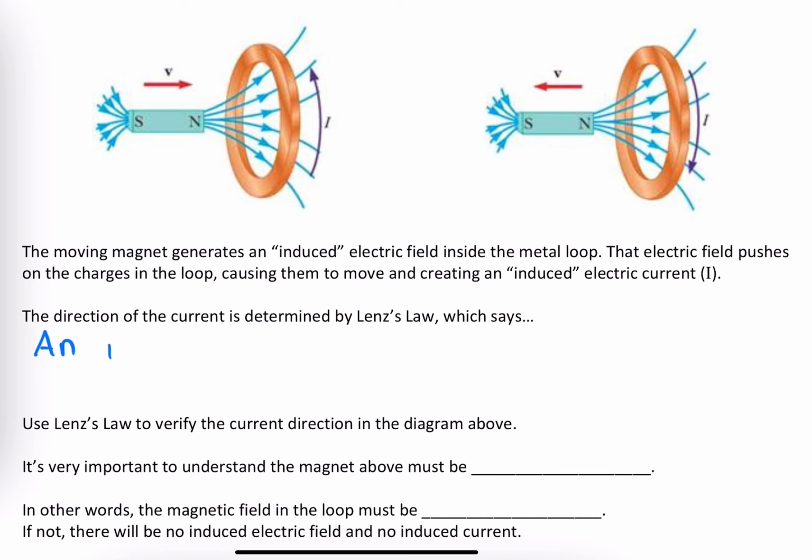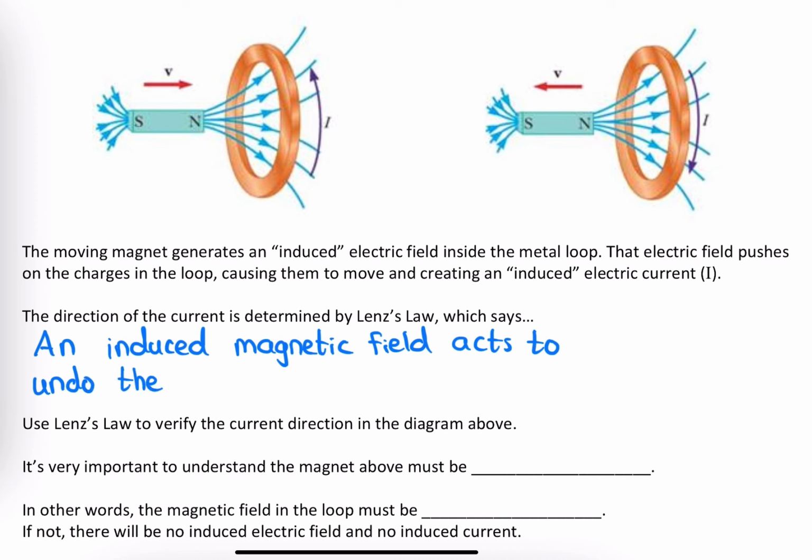An induced magnetic field acts to undo the change that caused it.